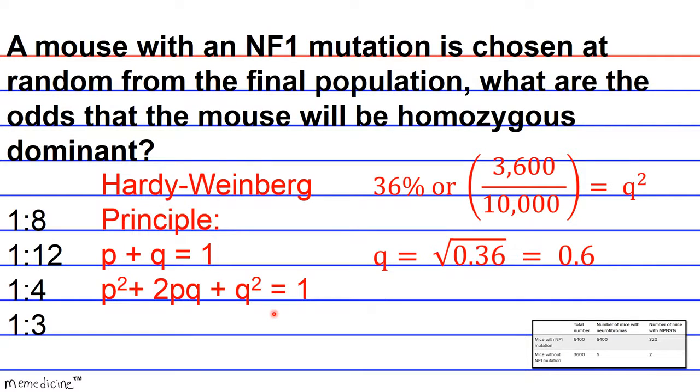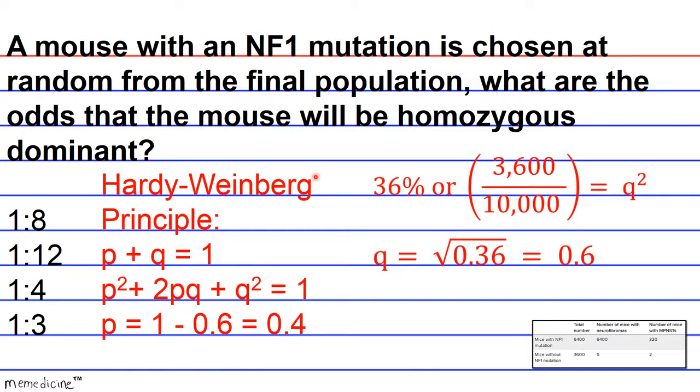Now, we can solve for p, and p is just going to be this equation rearranged. p equals 1 minus q, so here we have 1 minus the value of q, which we just figured out right here, and therefore p is equivalent to 0.4. Okay? All right, so let's continue.